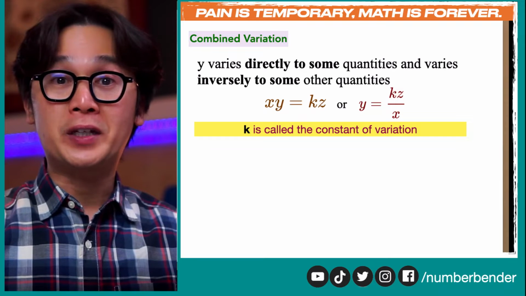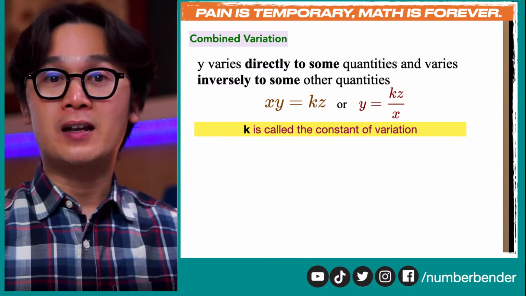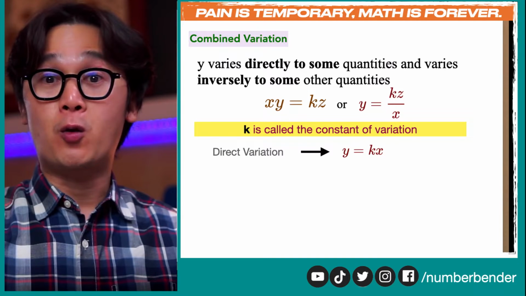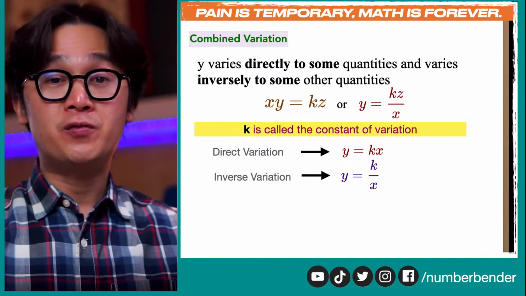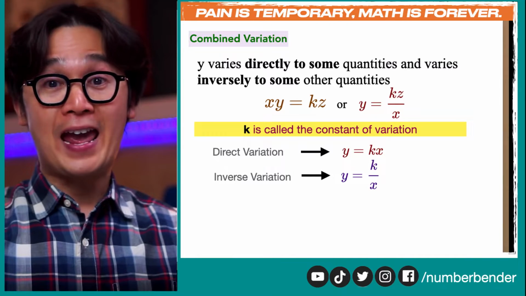So just to have a recap of the type of relationships that we've had from our previous lesson on variation, we had direct variation represented by y is equal to k times x. We also have the inverse variation wherein y is equal to k all over x.